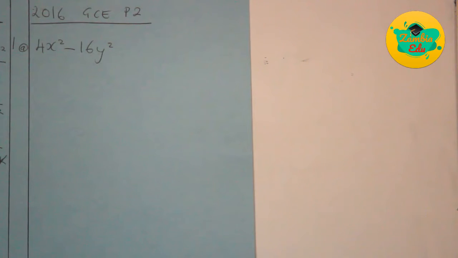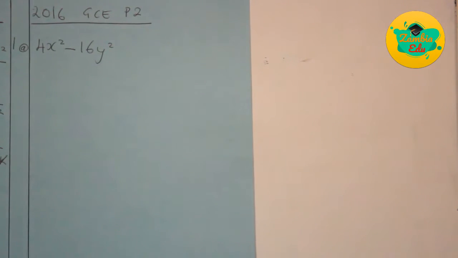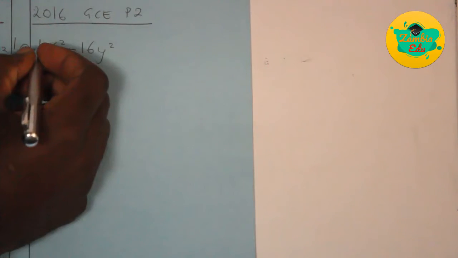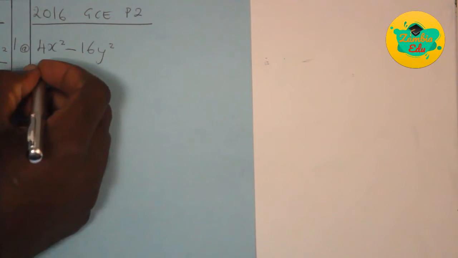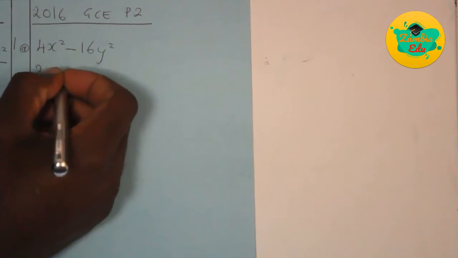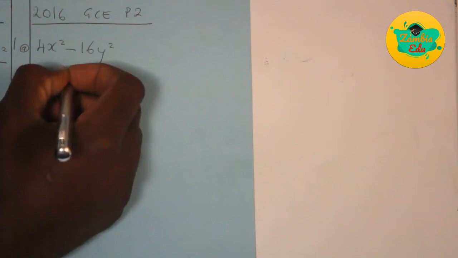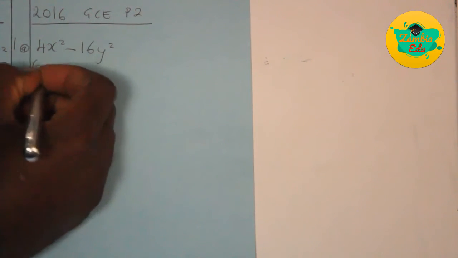How do you deal with the difference of two squares? You square root everything to get the accurate answers there. So the square root of 4 is 2, the square root of x squared is x, minus the square root of 16 is 4, then the square root of y squared is y, close.